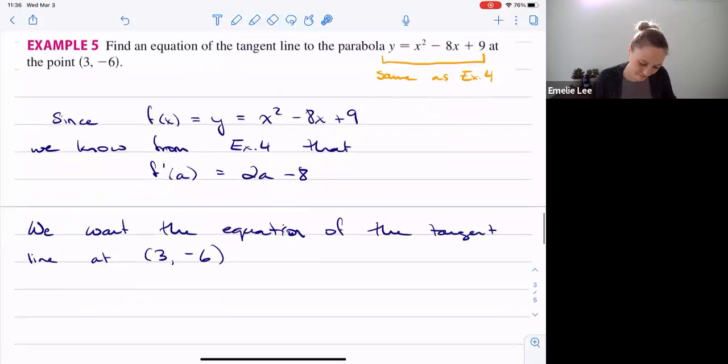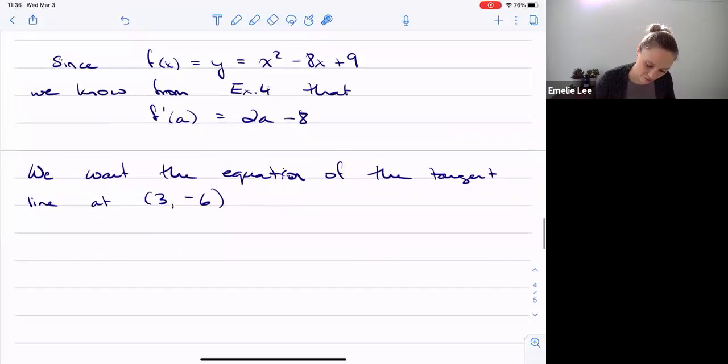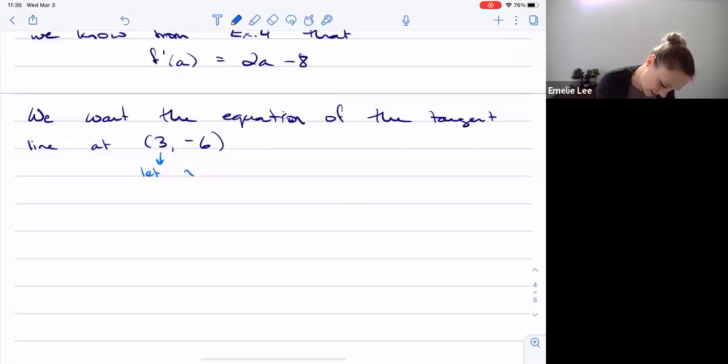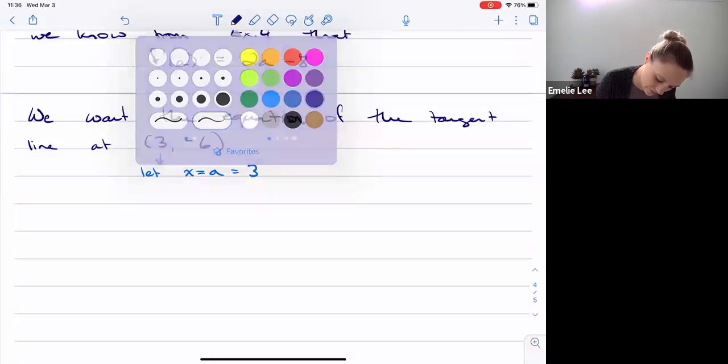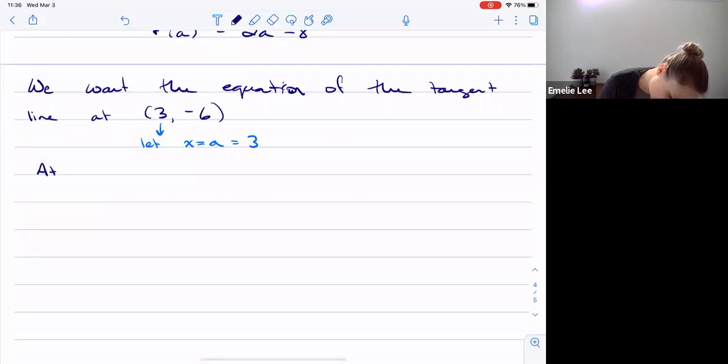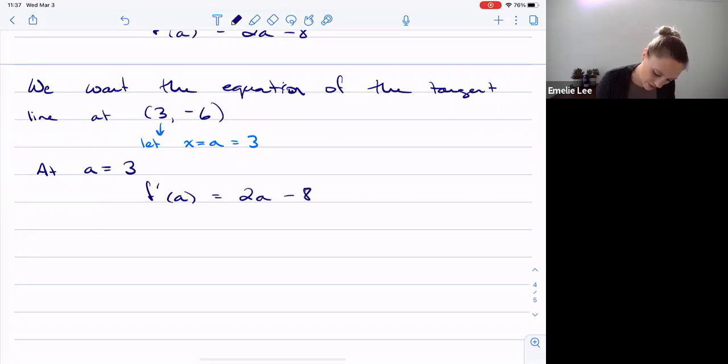So what we've got here is, at any value of a, we've got a slope of 2a minus 8. So now we let x equals a equals 3. At a equals 3, f prime of a, I'll just write out the general formula here, is 2a minus 8.